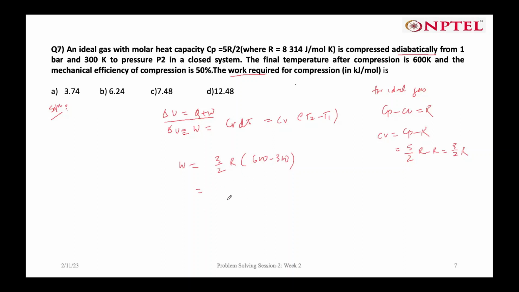Put the value of R here and we get 12.471 kilojoule per mole, right, 12.48 kilojoule. So work required for the compression means work done by the surroundings on the system for the compression process. Right.